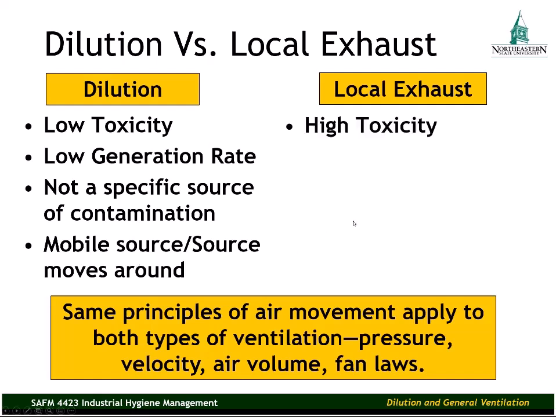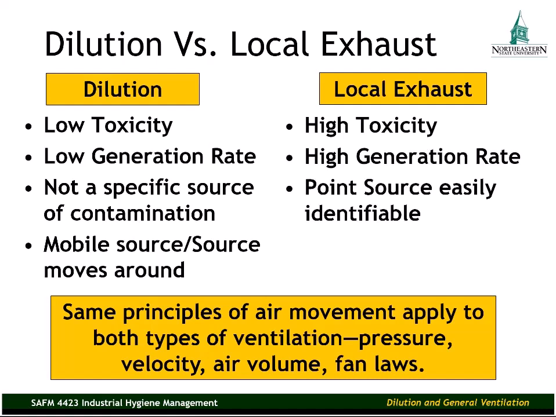Local exhaust is best used with high toxicity, high generation rate, where there's a point source that's easily identifiable. In some work environments, you might use elements of both local exhaust and dilution ventilation, depending on the work setting. It doesn't have to be one or the other. It could be both if both are needed in different work settings.